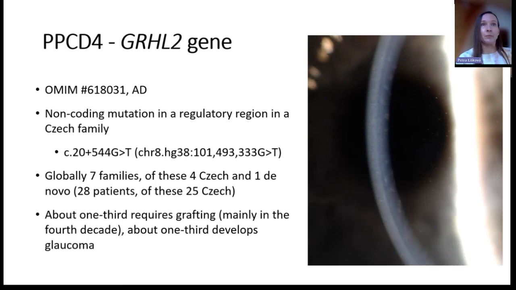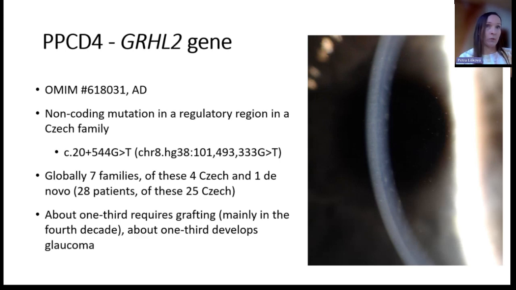Globally, again, this type is very rare. There were 7 families described, 4 of them Czech, and now we also have 1 more, and one of them was de novo.